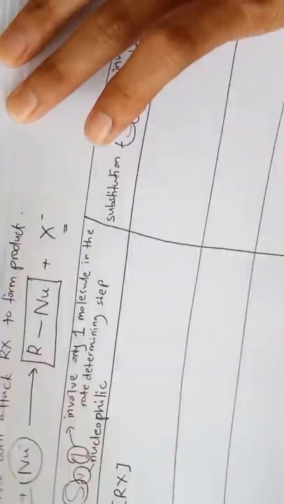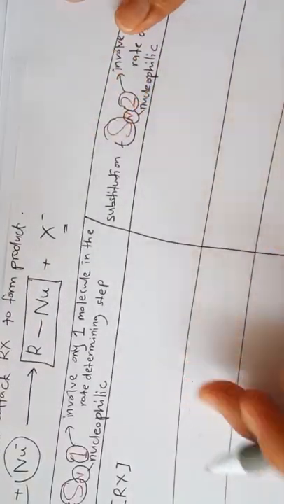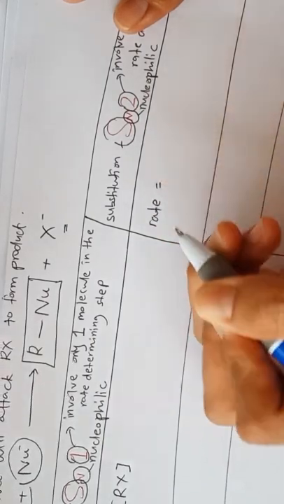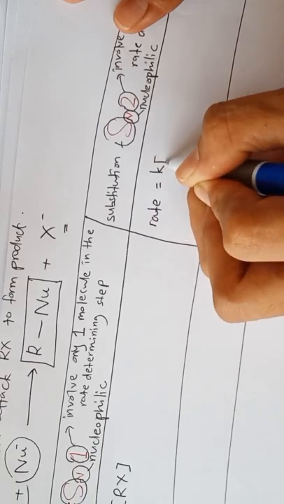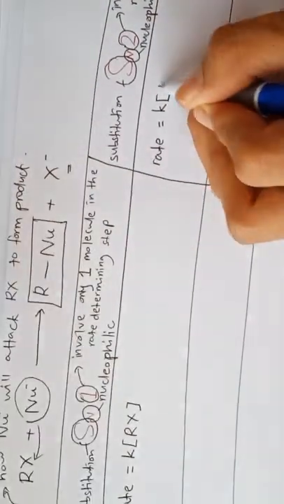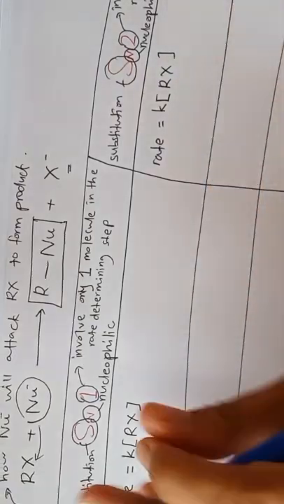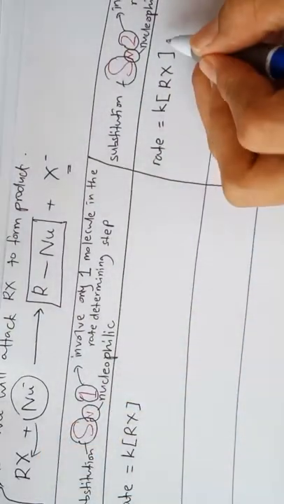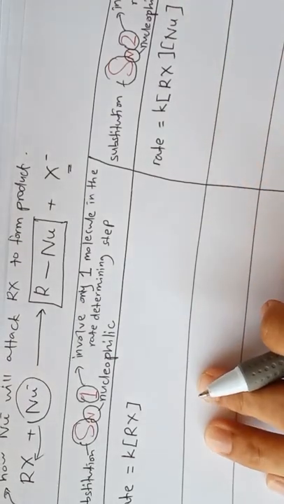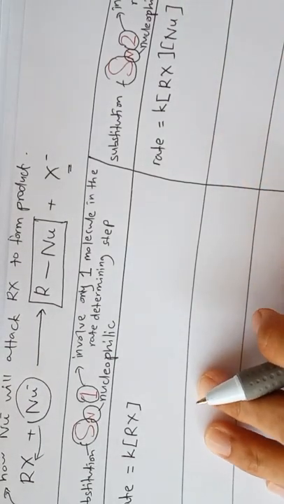While for the SN2 mechanism, the rate law is rate equal to k times the haloalkane RX and also the nucleophile. Do you still remember how to write the rate law?